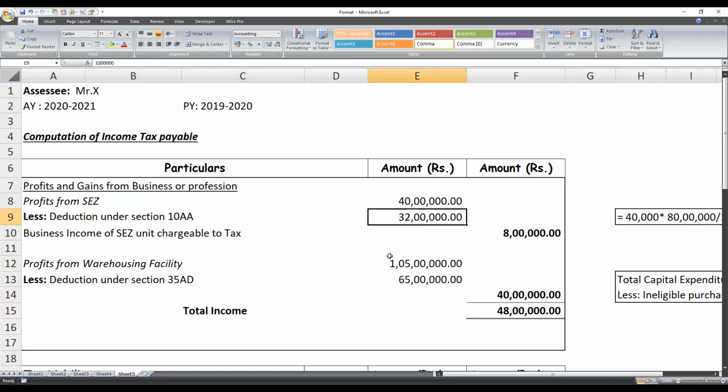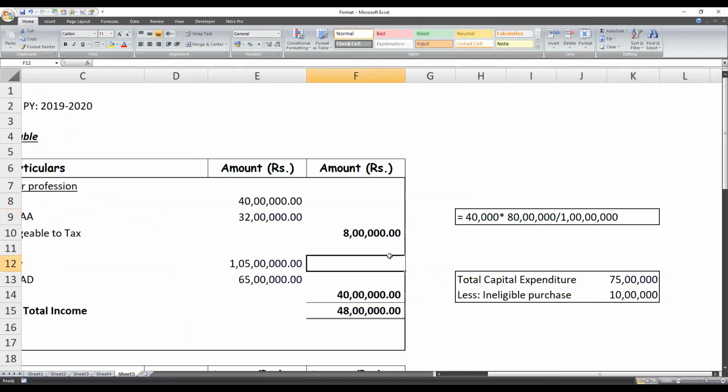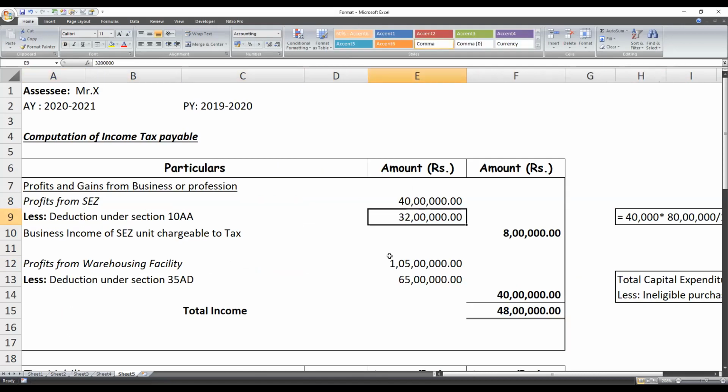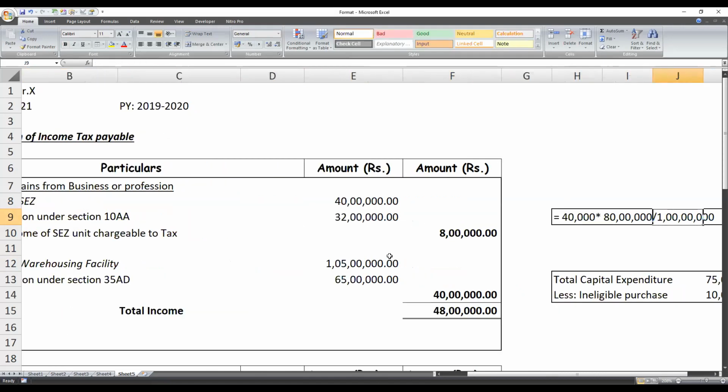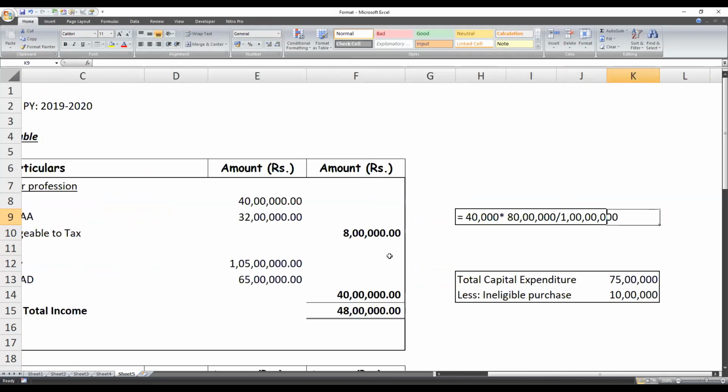We are aware how to compute the deduction available under 10AA. Please remember to mention a note for every working you have. So here 32 lakhs is based on a working. Have a separate note and do not just mention numbers like this. Just to show you the calculation, I have mentioned the numbers. However, if there is a formula available for any specific question you're going to deal with, please mention it. So here, profits multiplied by export turnover from the SEZ unit divided by the total turnover.